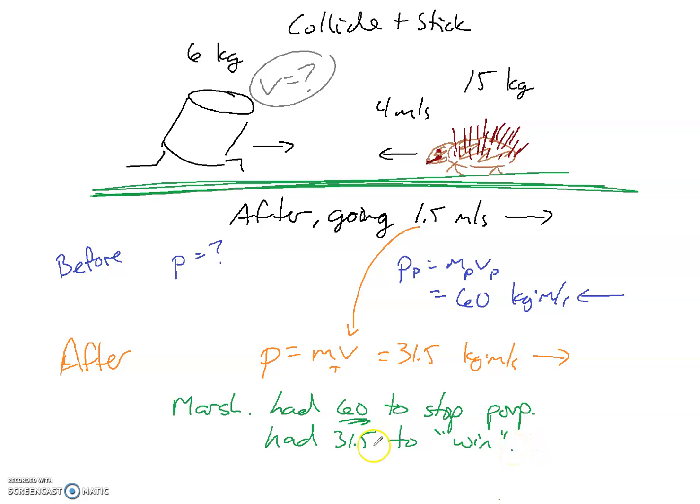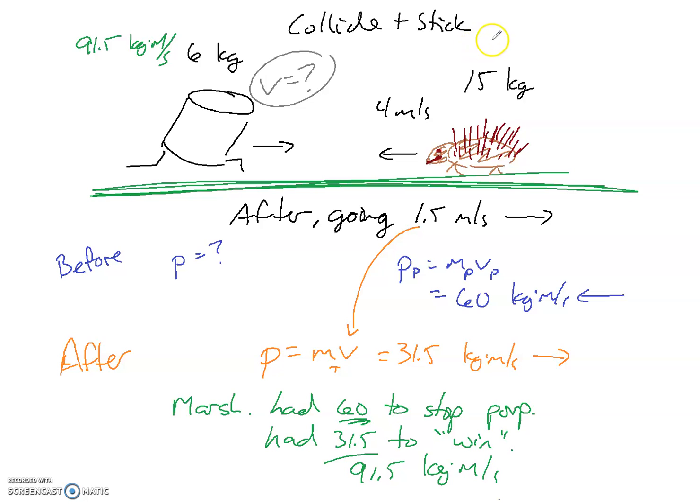So I'm going to put those two together, and my marshmallow must have had 91.5 kilogram meters per second of momentum. So my marshmallow came in with 91.5 kilogram meters per second of momentum.